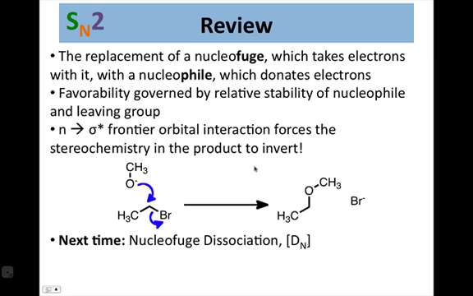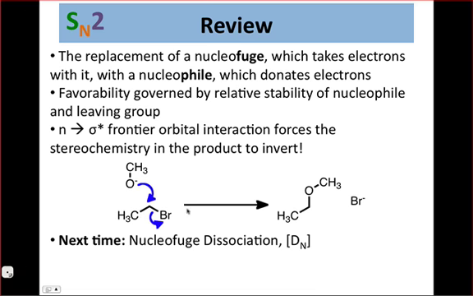So just to review very quickly, the SN2 reaction involves the replacement of a nucleofuge. The nucleofuge is another word for the leaving group that takes electrons with it. So in the example down here, the nucleofuge is the bromide right here, and it's replaced by a nucleophile, which donates electrons in to form a new carbon-X bond typically.